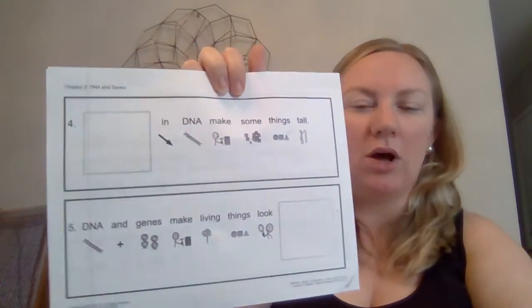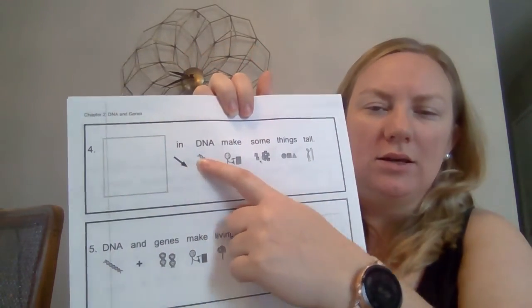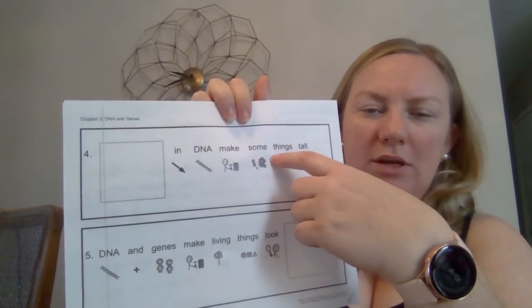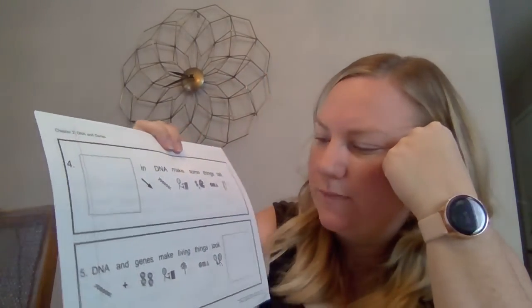Question number 4. Blank in DNA makes some things tall. I can't remember. I'm going to have to go back to the article. Something in DNA makes some things tall. Okay, so look back in our article. I think I found it on page 12.